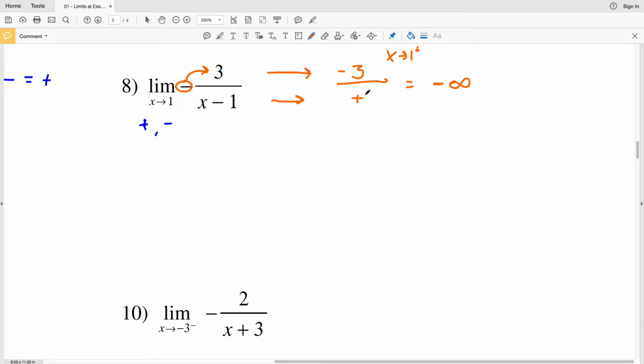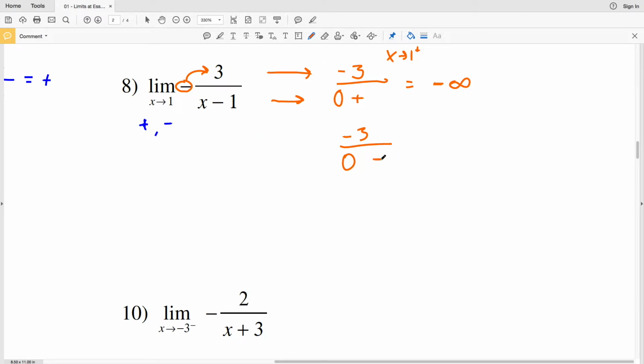Let's see as it approaches 1 from the left. Again, the numerator is approaching -3, and the denominator is approaching 0. So as we're going to 1 from the left, I'll start with a number less than 1 and plug in and see. Let's try 0, because 0 is less than 1. We're coming from the left side. 0 minus 1 is negative.